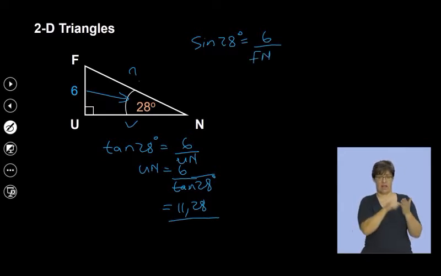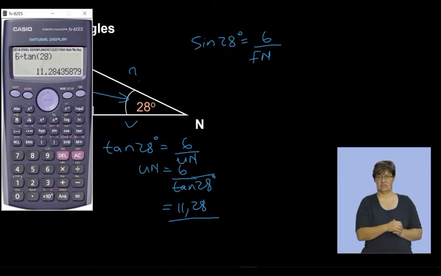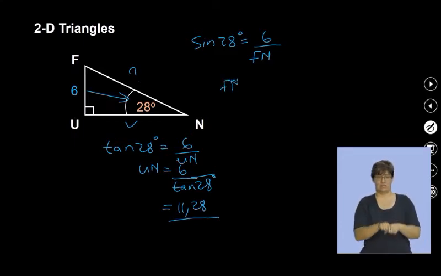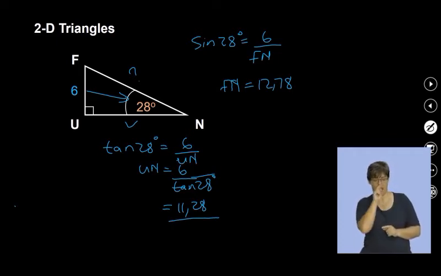And from the calculator perspective, this is then going to be 6 divided by sine of 28, and then it gives me 12.78. So FN will then be 12.78.